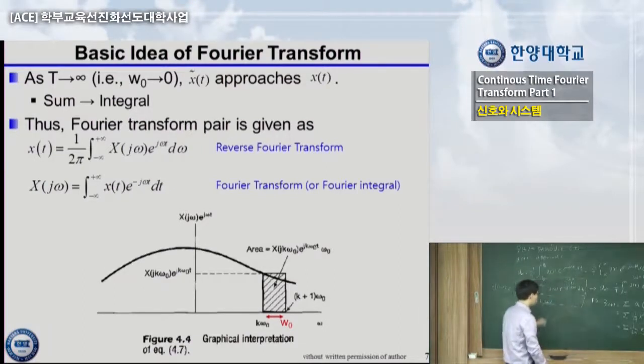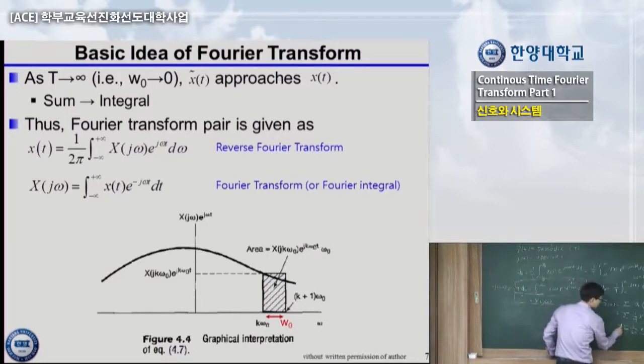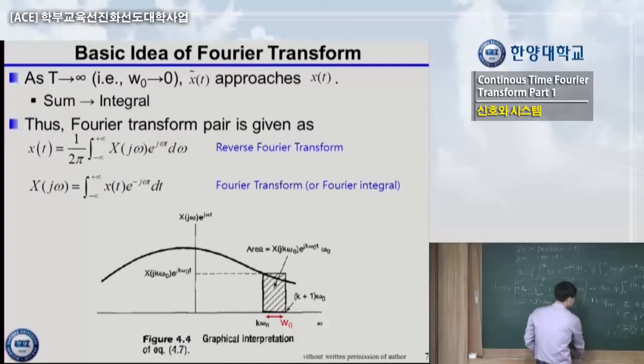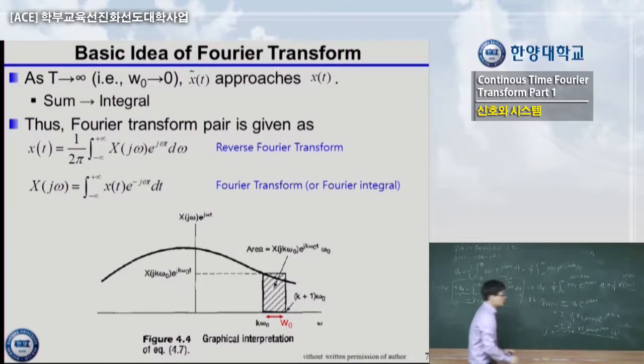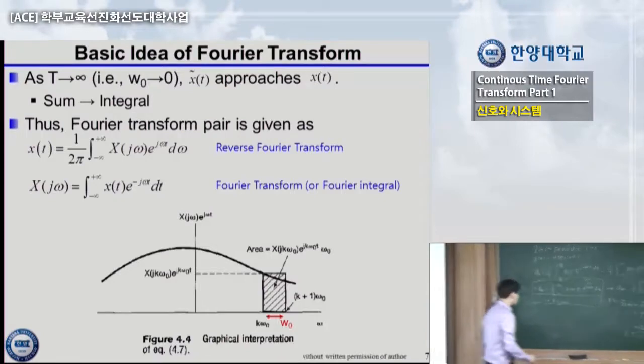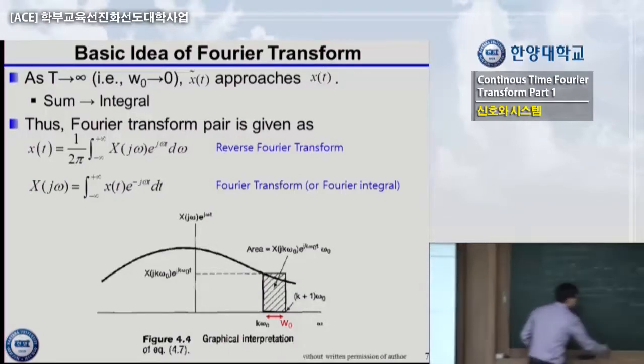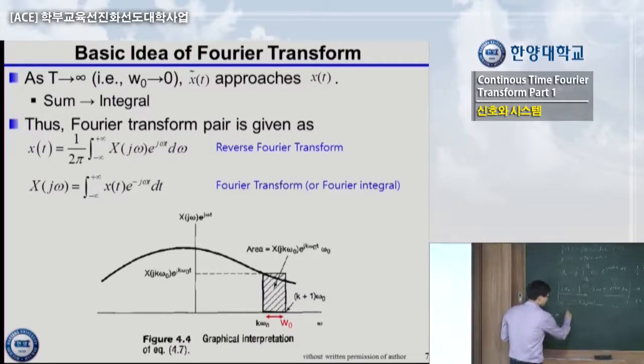So from here to there, we'll figure out that first, this one becomes integration, and this one becomes d omega, something like this. So the final answer to this claim here is that summation changes to integration. Of course, the integration will be from minus infinity to infinity. We have 1 over 2 pi.